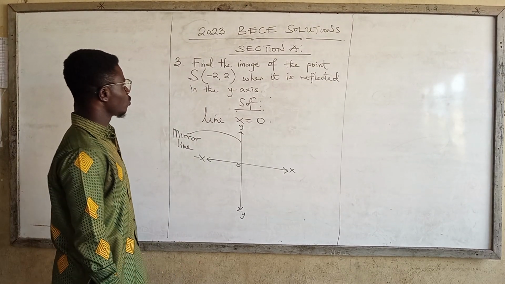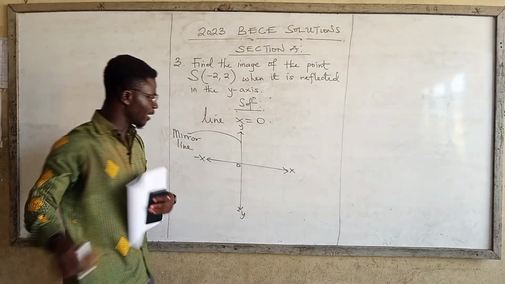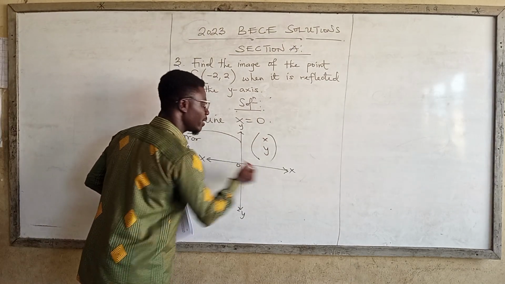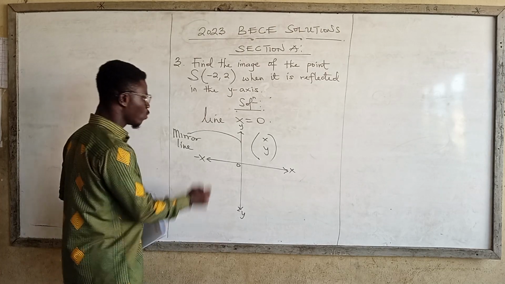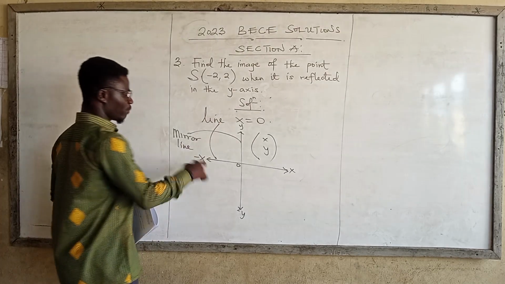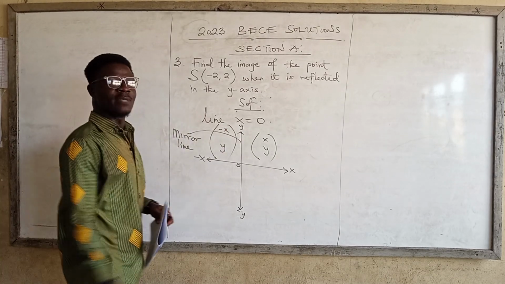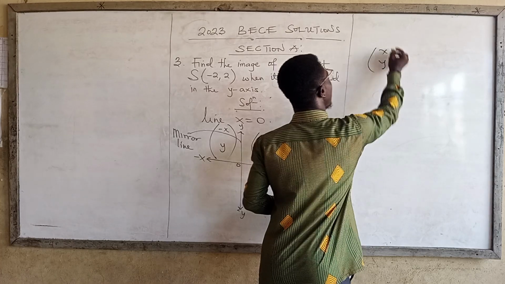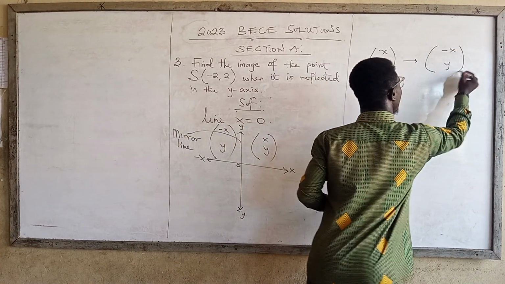How do we find the image when this point is reflected here? We have a point (x, y), reflected in the line x equals 0. The image appears here as (negative x, y). So our formula reduces to (x, y) maps onto (negative x, y).